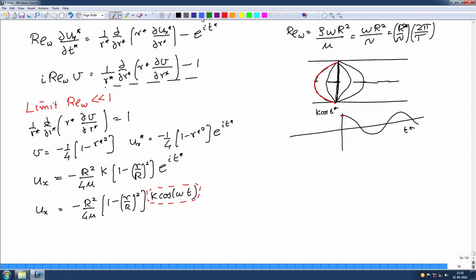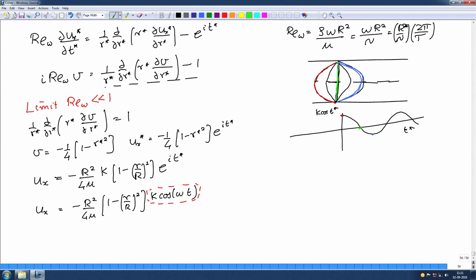Whereas when it goes through the maximum negative, you get this opposite parabolic velocity profile. And when it goes through 0, the velocity is also 0 throughout the pipe.